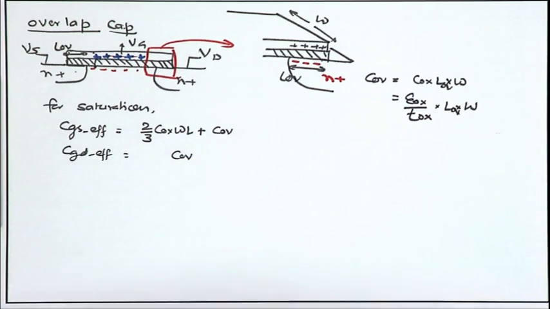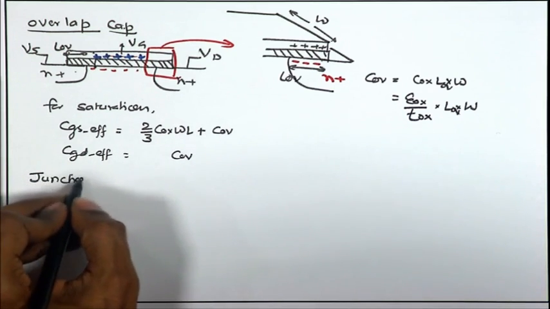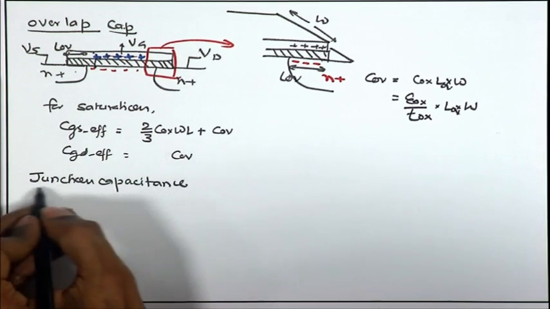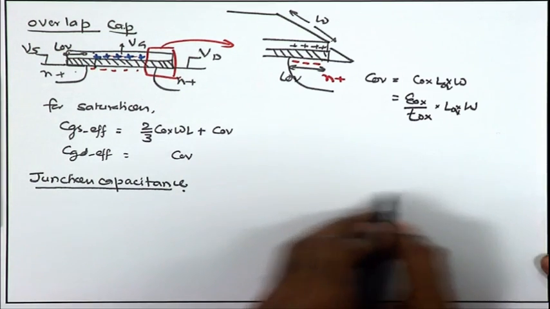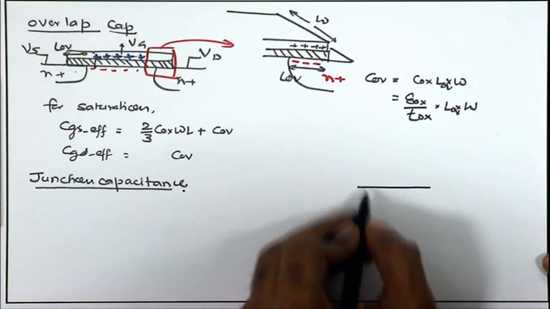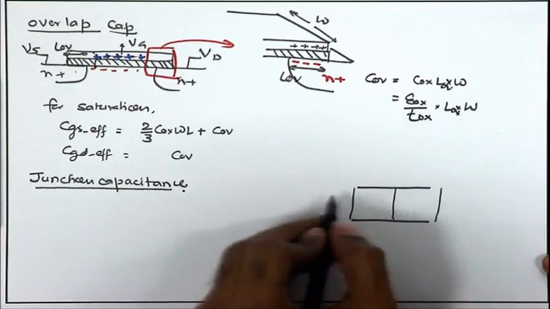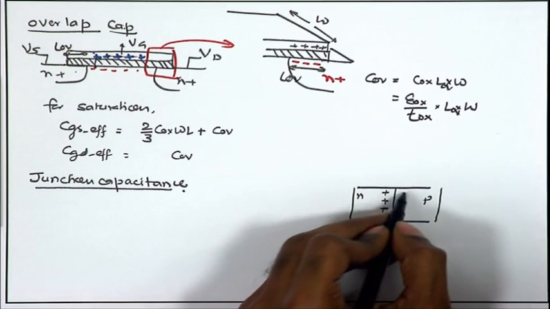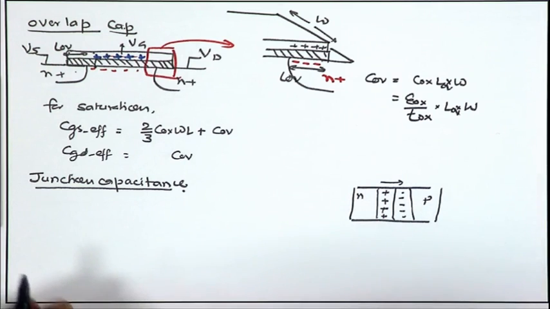Now, let us also talk about the junction capacitance. So, we know that in a diode, when you have some reverse bias applied, you have N type and P type, with some positive charges in the depletion region on the N side and some negative charges in the depletion region on the P side, and there is an electric field.